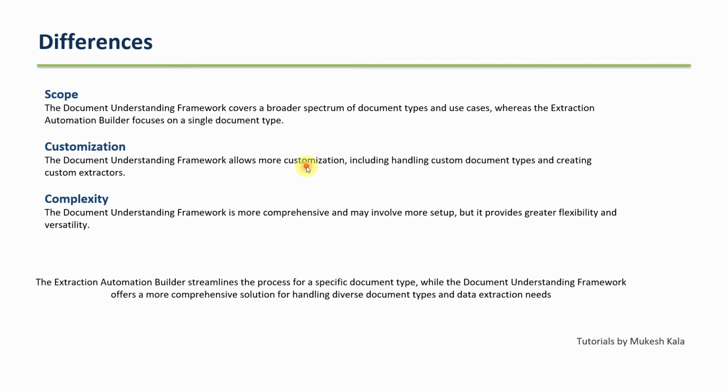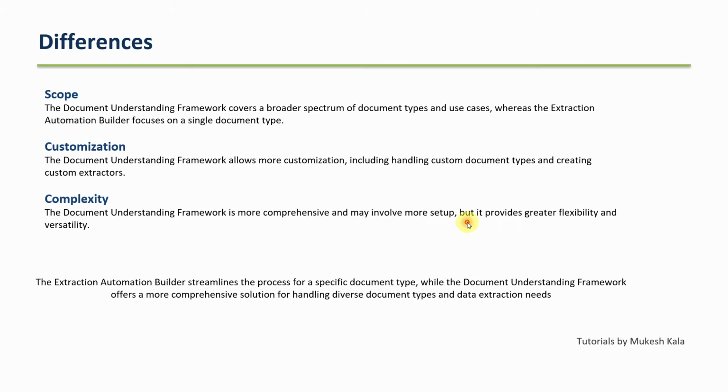If I talk about complexity, the document understanding framework is more comprehensive and involves more setup, which provides you greater flexibility, right? So it is a more comprehensive framework which has all the stages in a step-by-step manner. That means you need more knowledge of DU and a greater setup, but the output of that is greater flexibility.